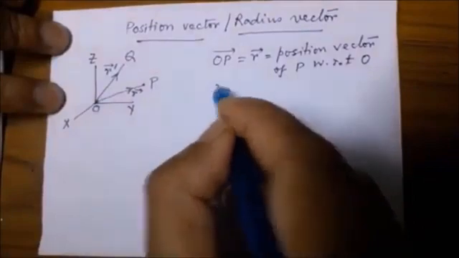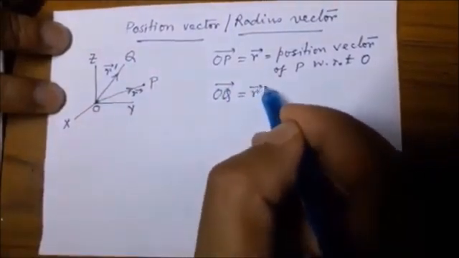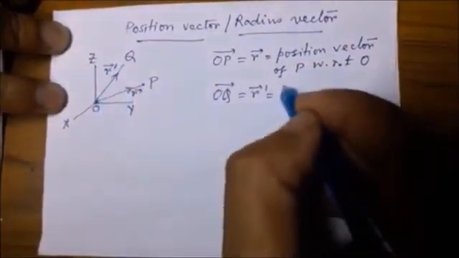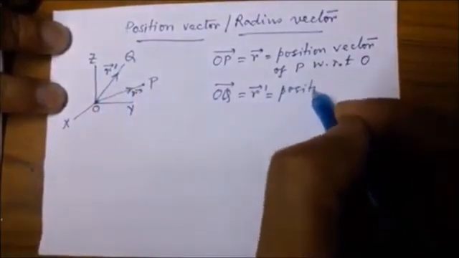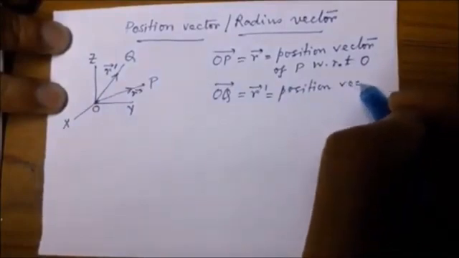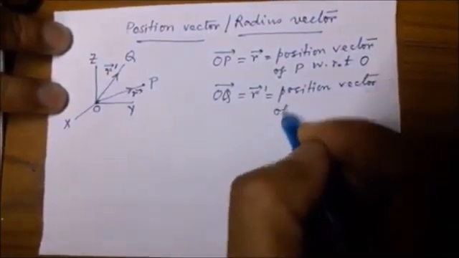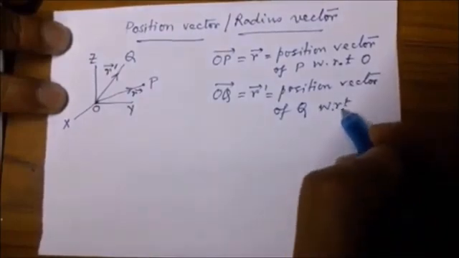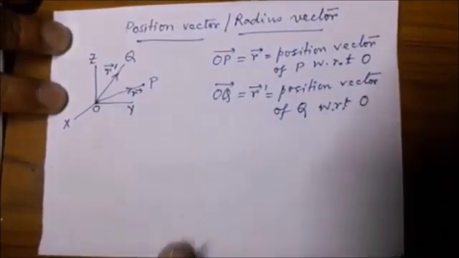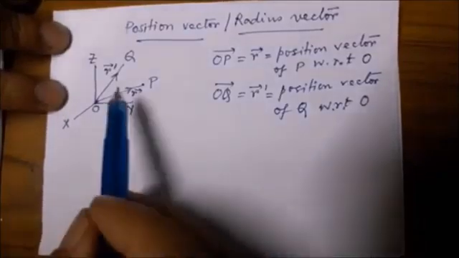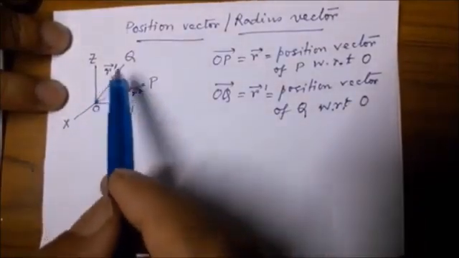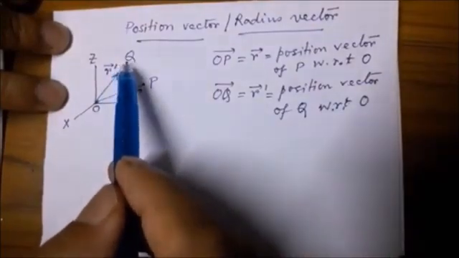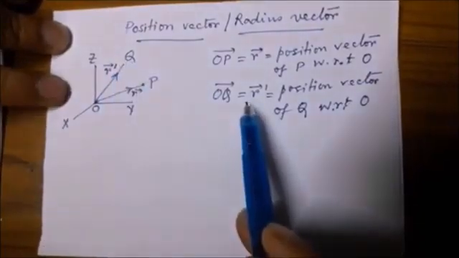So OQ vector, which is vector R prime, is the position vector of Q with respect to O. So again, the arrow is directed towards the point Q whose position vector has been written here.